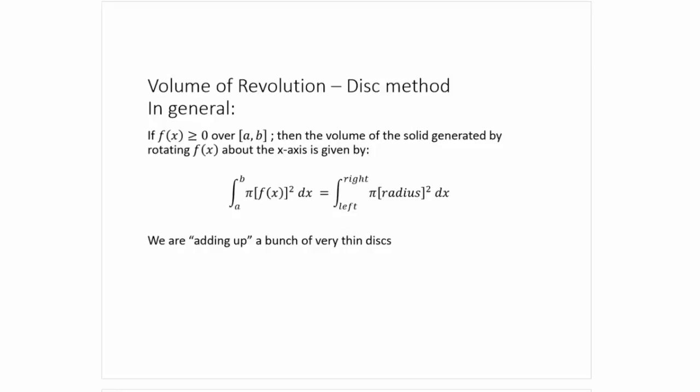We can think of that as the integral from left to right of pi times the radius squared dx. And again, the idea behind this is we are adding up a bunch of really thin disks.